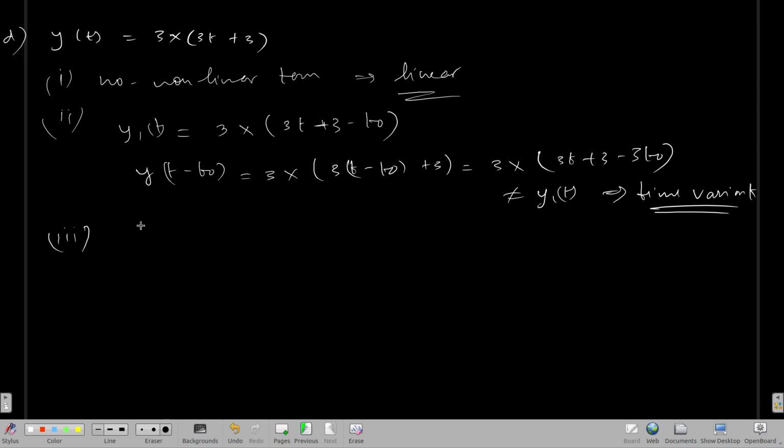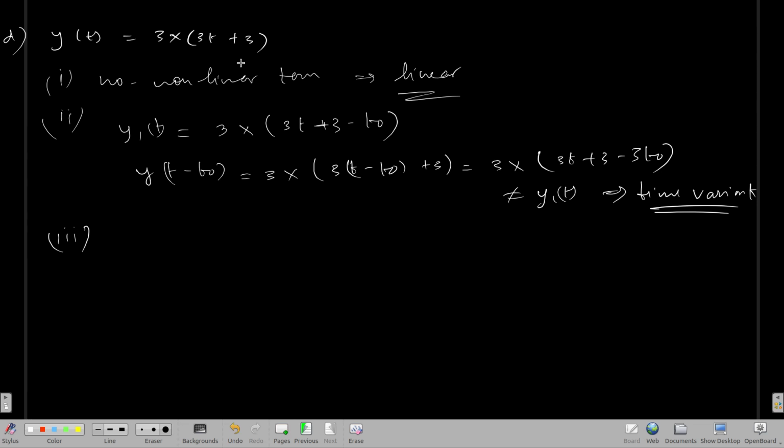And what about the causality and memory part? Here, obviously, the output is depending on some future value of the input, that is x of 3t plus 3. Suppose t equal to 0, then the output is 3x of 3, right?